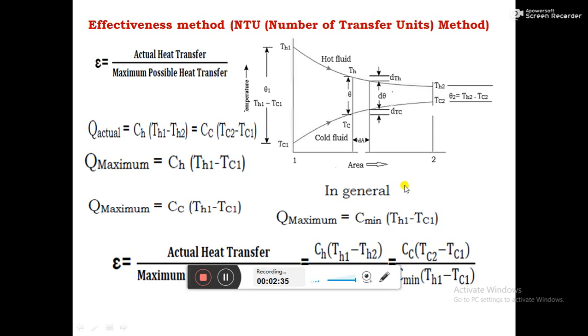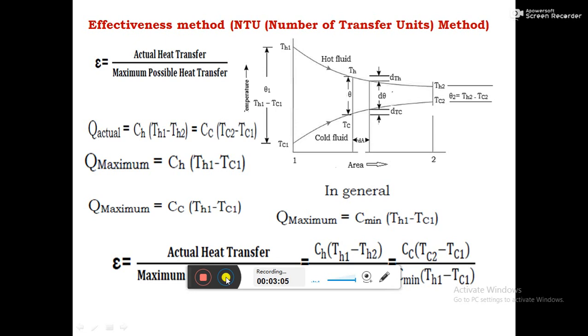Ch into (Th1 minus Th2) gives the heat lost by the hot fluid, and Cc into (Tc2 minus Tc1) gives the heat gained by the cold fluid, where Ch and Cc are the heat capacities of the hot fluid and cold fluid respectively.